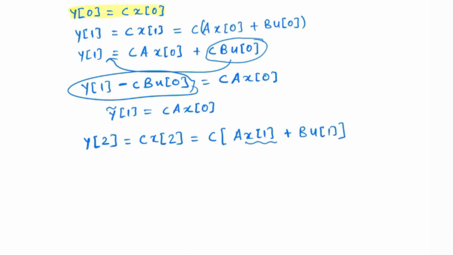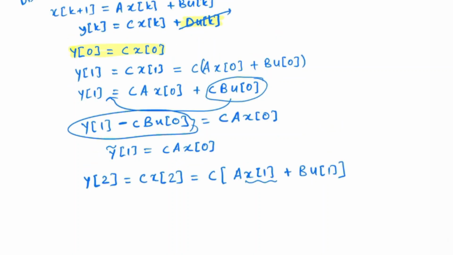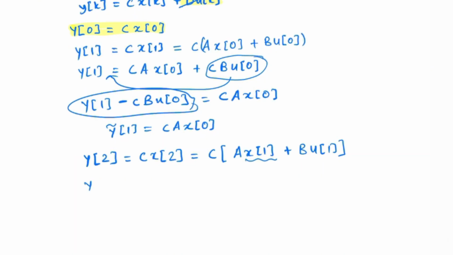Now here we can substitute x of 1 using the discrete time equation.